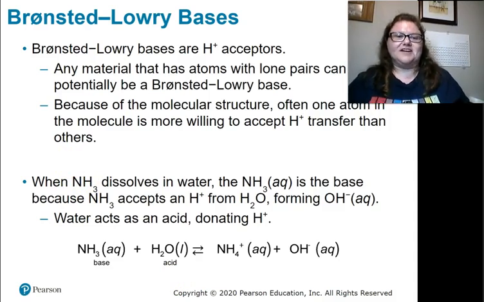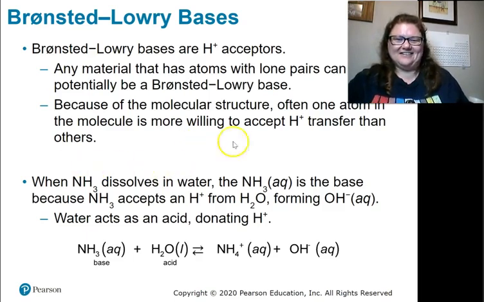And so that was the criteria that was mentioned in the first slide for Bronsted-Lowry, that it had to have that lone pair on the molecule. That's what's going to grab the hydrogen from whatever the acid is in solution. Now take a look at the reaction at the bottom here. See water again, but it's got a different label under it. It says it's an acid now. What?